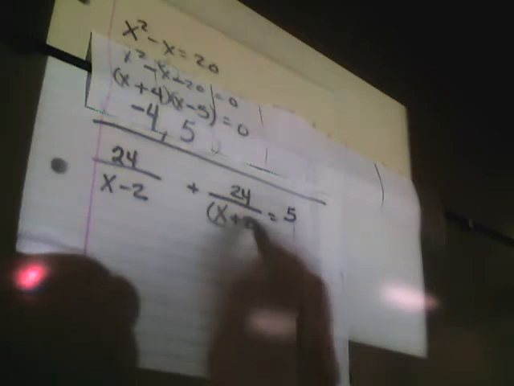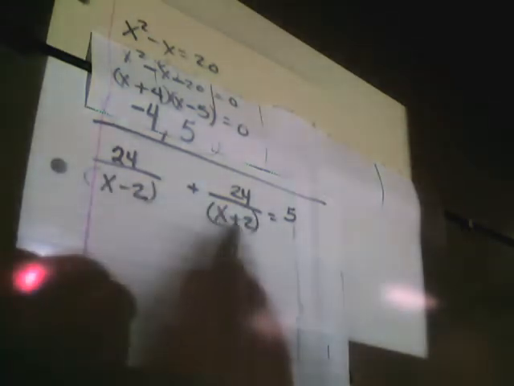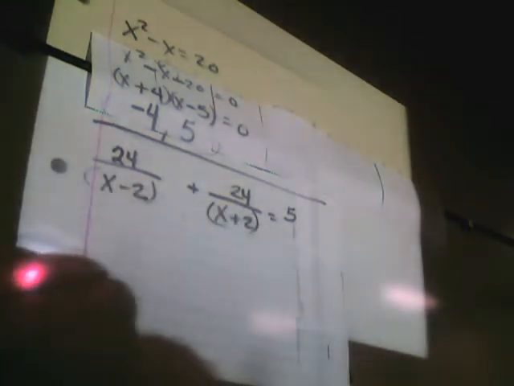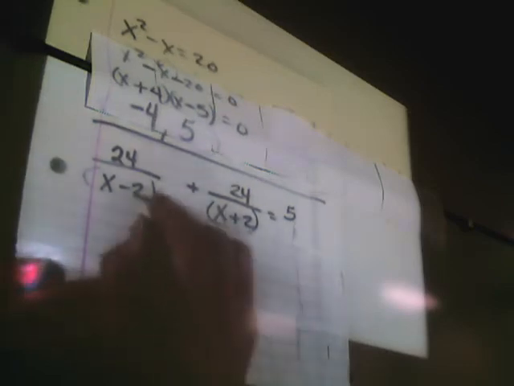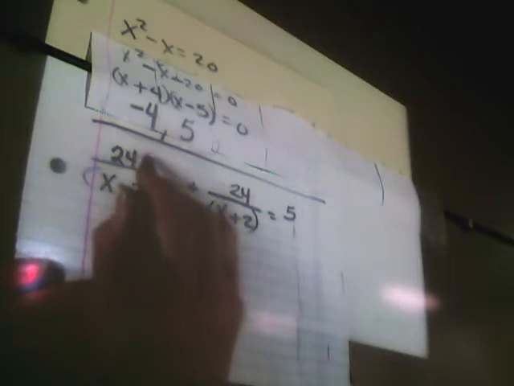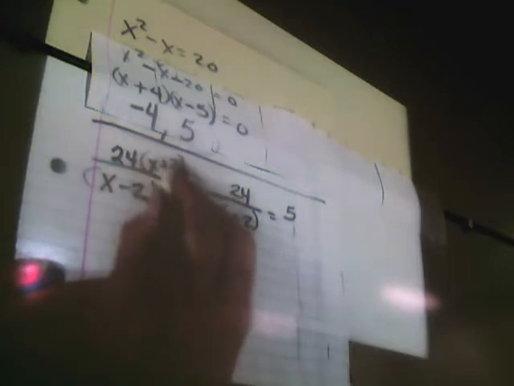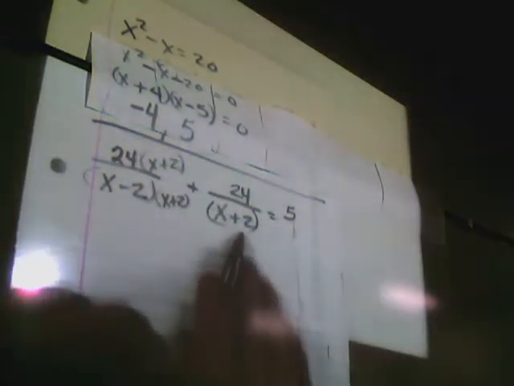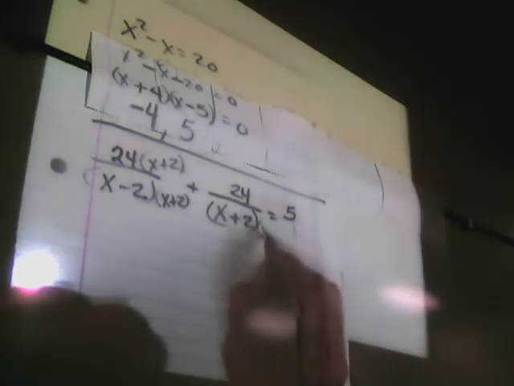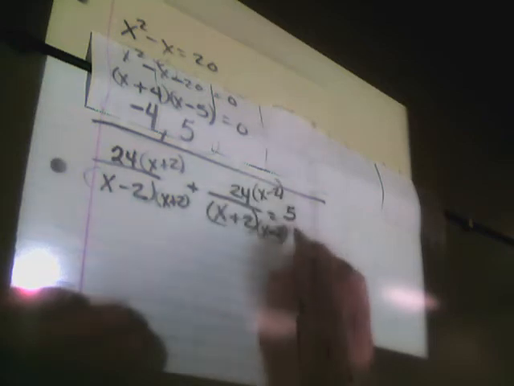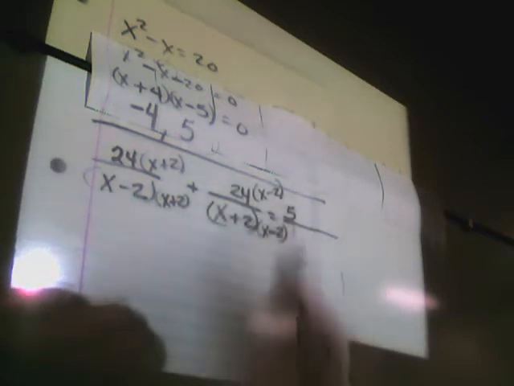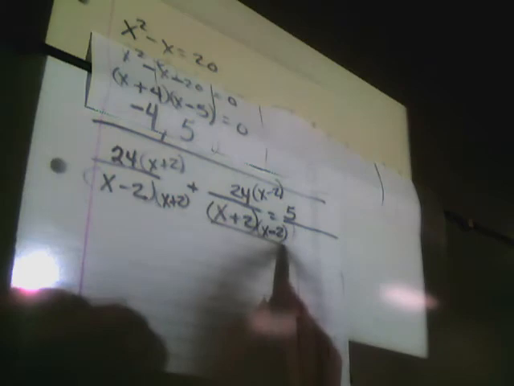So the common denominator will be this times this, right? Correct. Okay, so here we'll need to multiply it by x plus 2. So the top times x plus 2. This one needs to be multiplied by x minus 1, I mean x minus 2. So x minus 2 here. The 5 will be the whole thing.